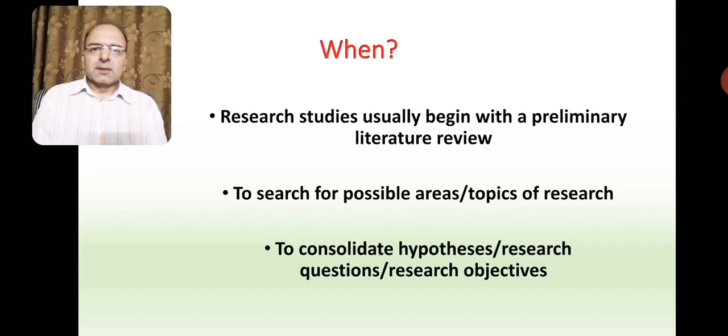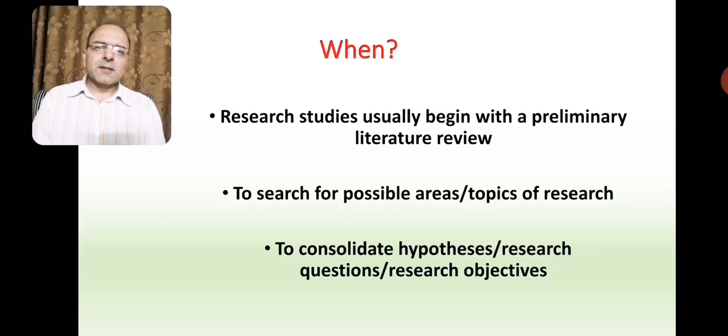Well, research studies usually begin with a preliminary literature review. The aim of this preliminary literature review at this stage is to search for possible areas and topics of research.